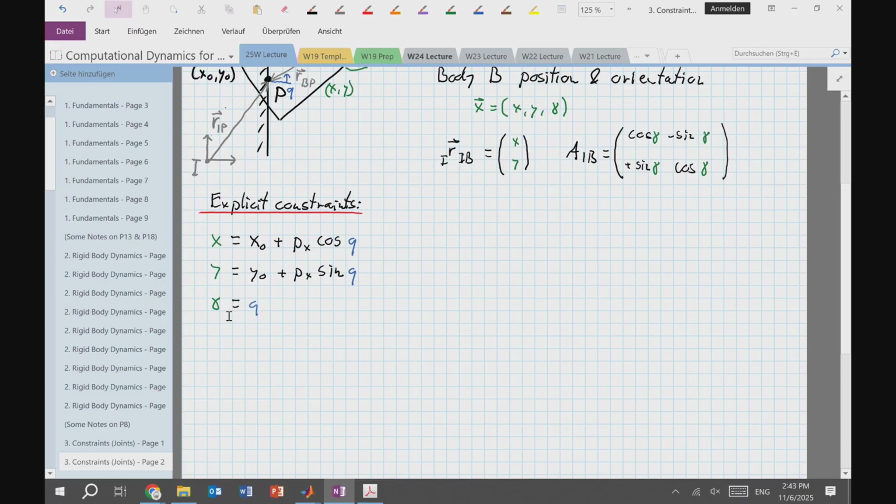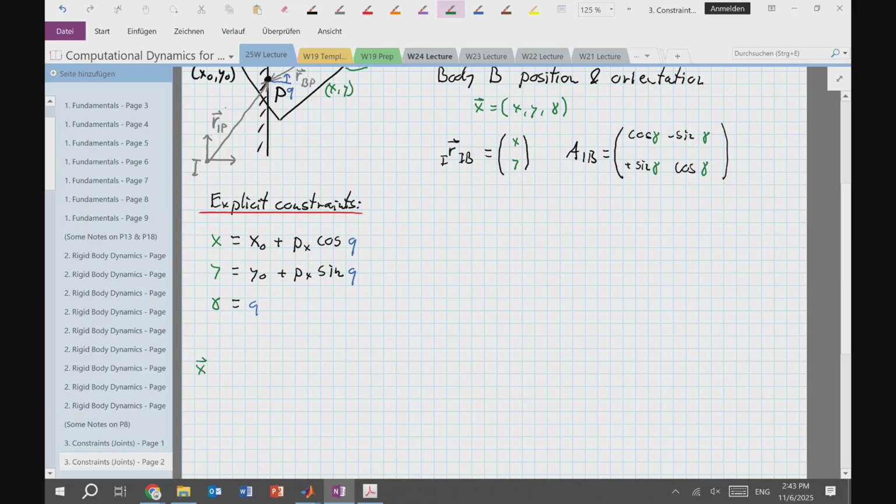The biggest mistake you can make here is that you write a gamma here. Right? That would not be allowed. X, everything in green, has to be an explicit function of everything in blue, which in this case there's just one blue variable, right?